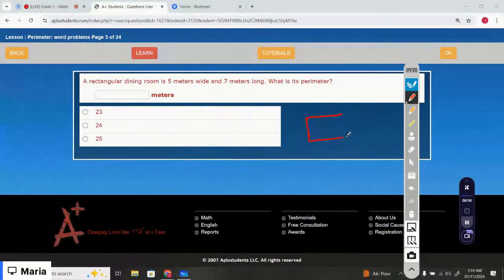For example, here is the rectangular room, right? The length is 7 meters long and 5 meters wide. So this side is 5, this is also 5, this is 7, this is 7. How do we calculate the perimeter? You need to add all the side lengths, right?